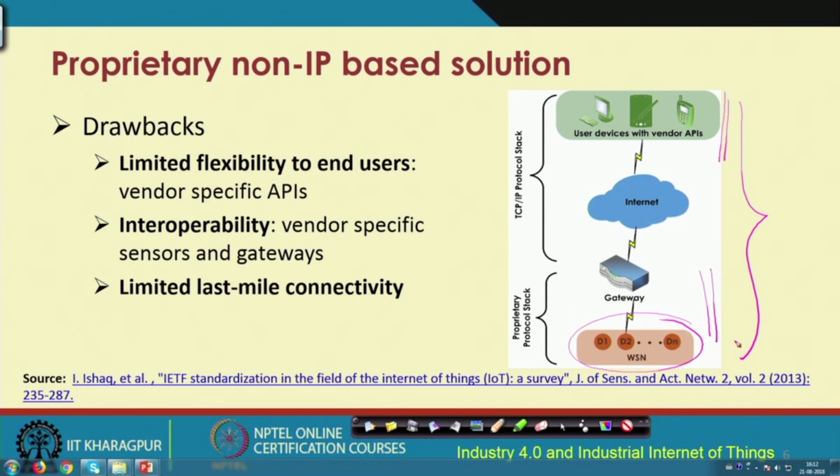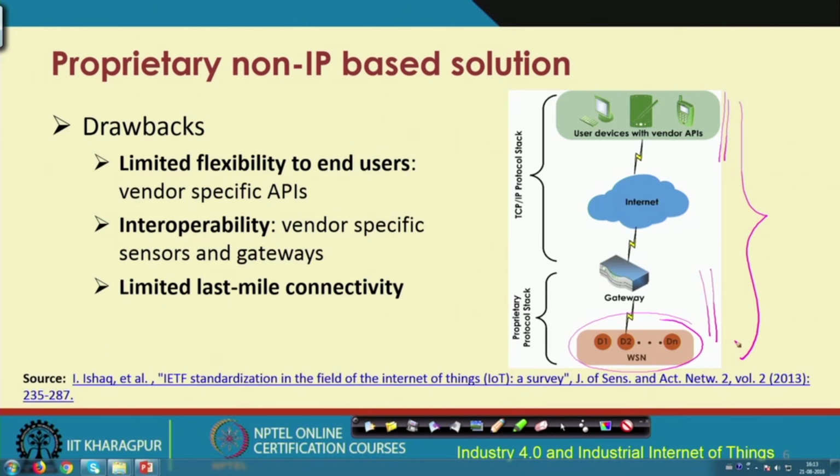Let us say, analogously, that somebody speaks English, somebody speaks French, somebody speaks Hindi. How can they talk to each other? There is no common language, there is no interoperability between them. So, in order to conquer this kind of heterogeneity, you need to have a common framework which will make these disparate devices following different proprietary standards talk to each other. So, interoperability is the issue of conquering this challenge of heterogeneity in all different respects.